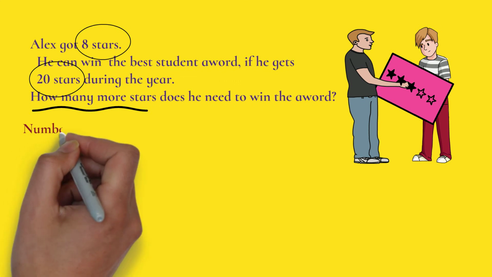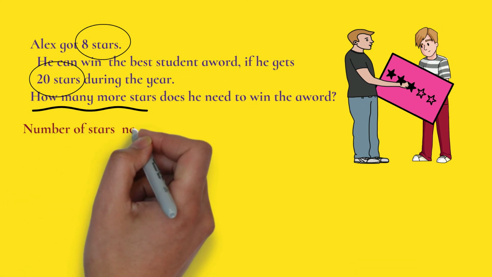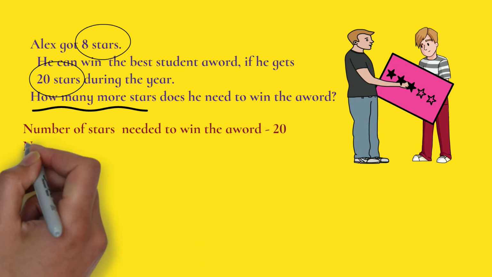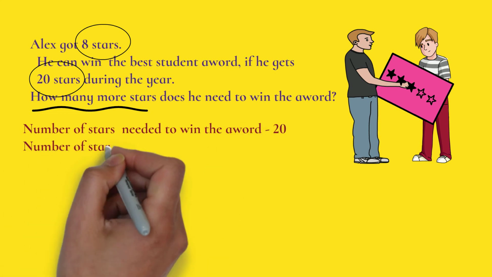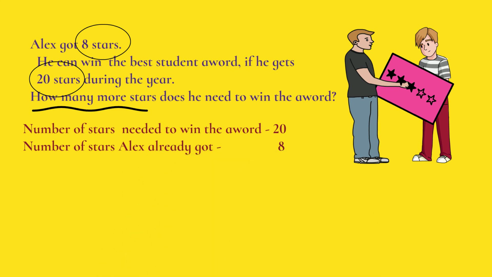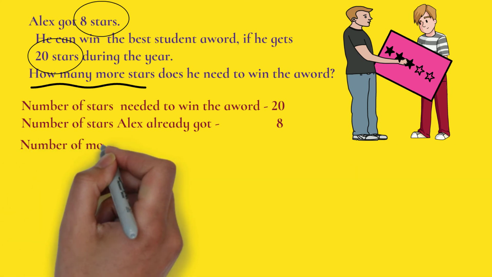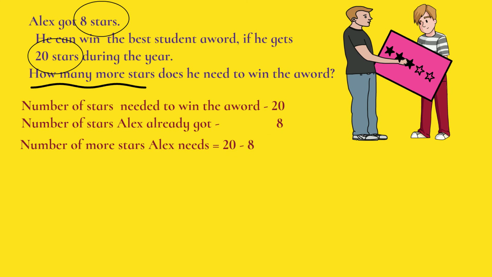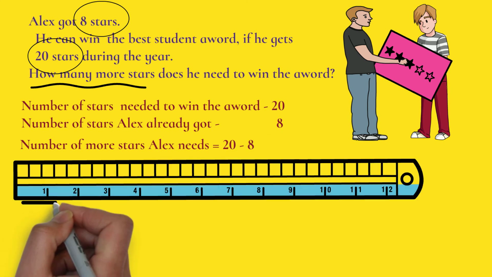Number of stars needed to win the award: 20. Number of stars Alex already got: 8. To find the number of more stars Alex needs, we need to do 20 minus 8.